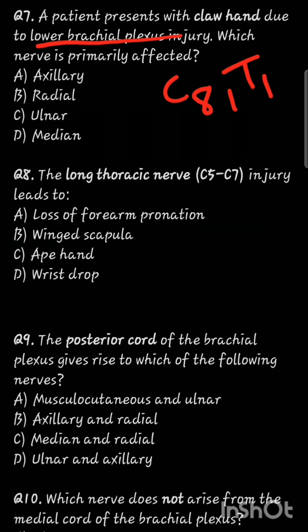It is Klumpke's paralysis. They are asking about the nerve involved in this injury. The nerve which arises from C8 and T1 is the ulnar nerve.